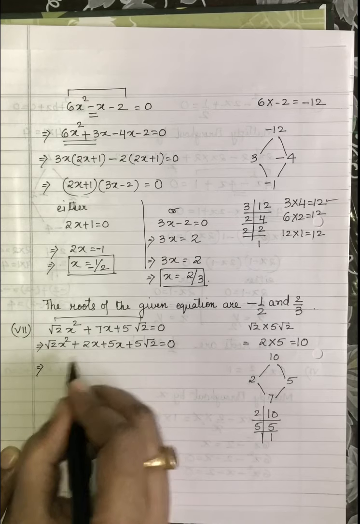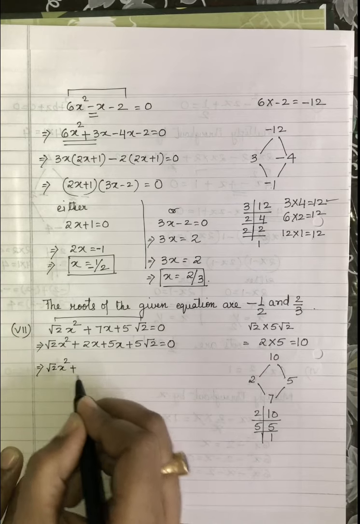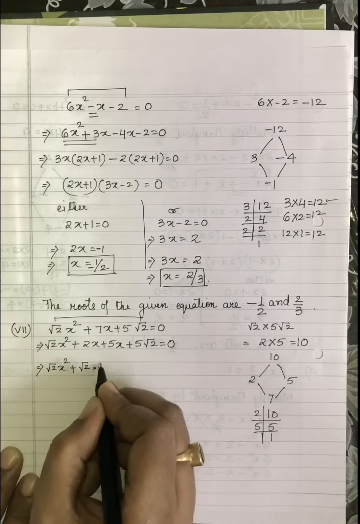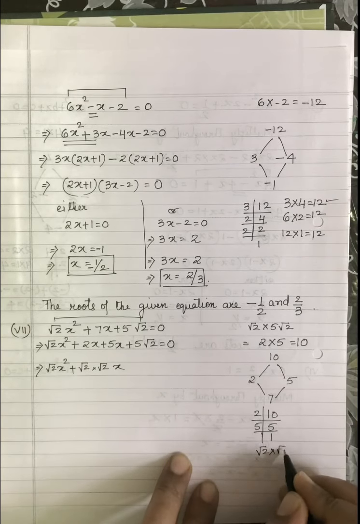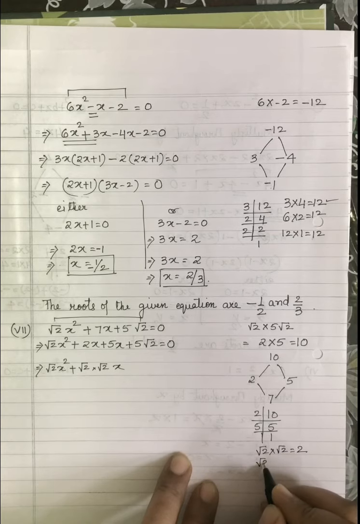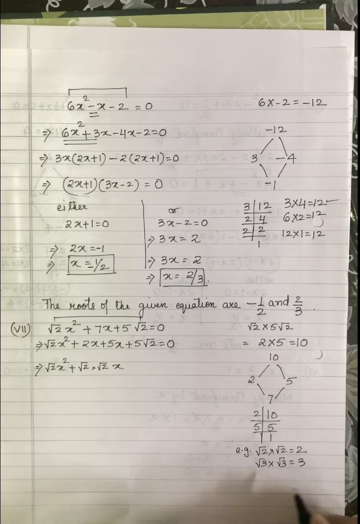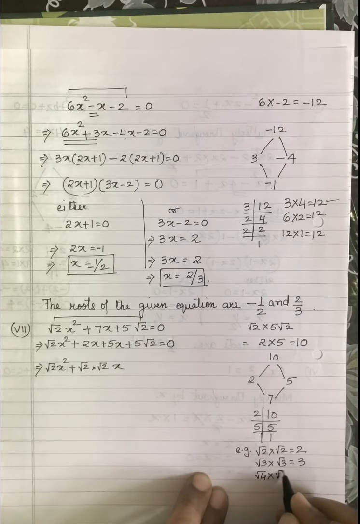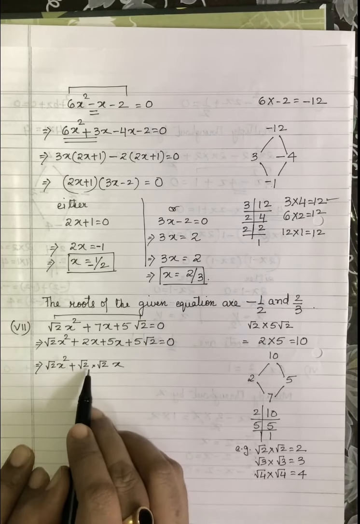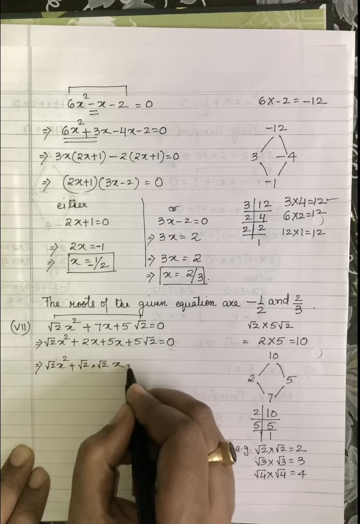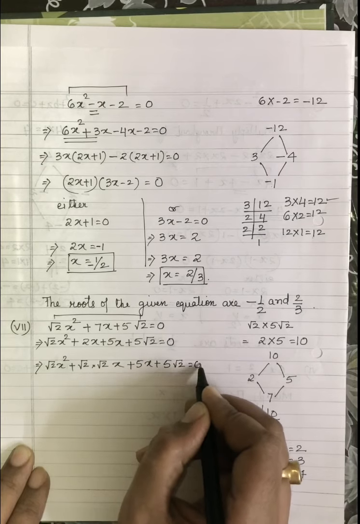So children, here 2 has to be again written in the form of root 2 into root 2, because we know root 2 multiplied by root 2 gives you 2. Root 3 multiplied by root 3 gives us 3. Root 4 multiplied by root 4 gives us 4. So we can write the 2 as root 2 multiplied by root 2. The rest as they are, 5x plus 5 root 2 is equal to 0.